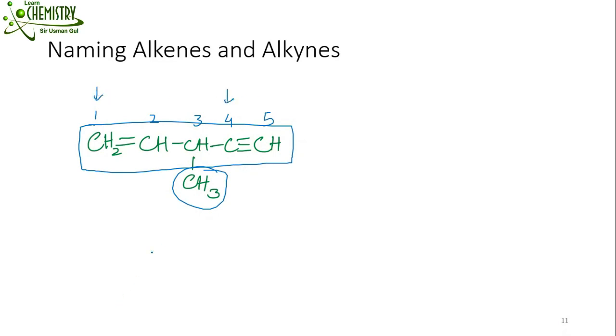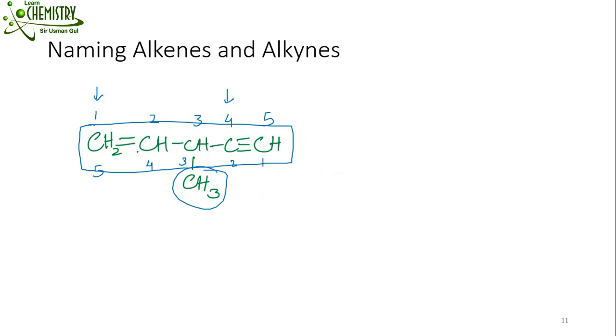But if I start the numbering from the right hand side, 1 2 3 4 and 5, I'm getting the carbon carbon triple bond on carbon number 1 and the carbon carbon double bond on carbon number 4.